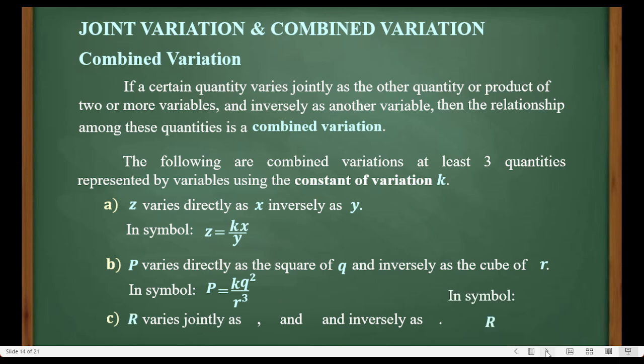Third one, capital letter R varies jointly as a, B, and C, and inversely as capital letter A. Take note, small letter a is different from capital letter A. Although they are the same letter, you will notice that the first is written in lower case and the other is in uppercase, meaning they have different representations.